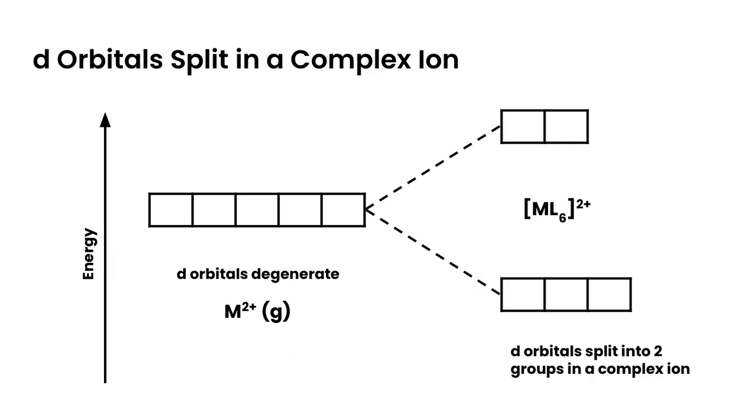So let's remind ourselves first that d orbitals will split in a complex ion. Recalling that if we just had the transition element itself, the d orbitals are degenerate, but when we create a complex ion, we get this splitting of d orbitals into two different groups.